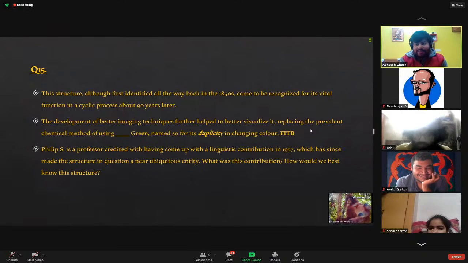If you think of this structure, you can only think of some linguistic thing that this guy came up with, right? And I think this fits very aptly in a quiz like this. So that is question number 50.